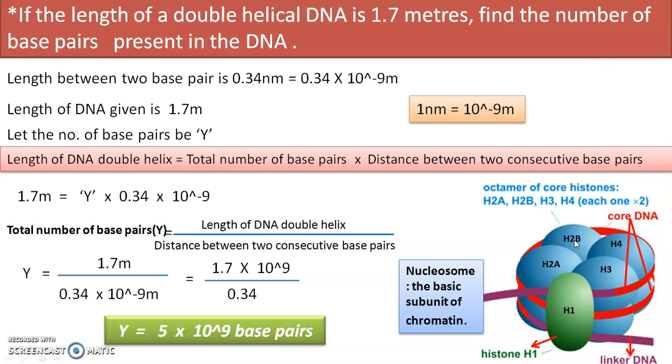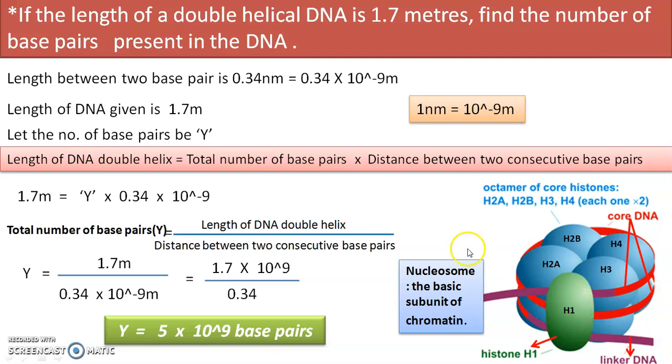The names are H2A, H2B, H3 and H4, each into 2. So down there is one, same H3, H3, H2A, H2A, H2B, H2B, H4 and H4, like that. This makes an octamer called histone octamer, and these are positively charged proteins.